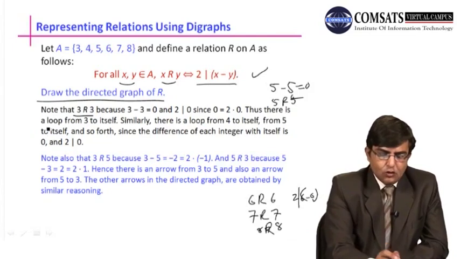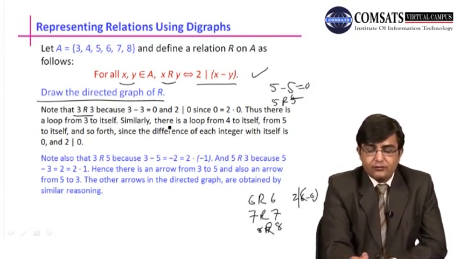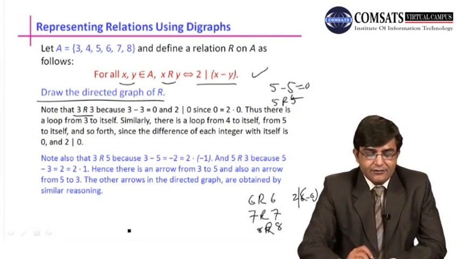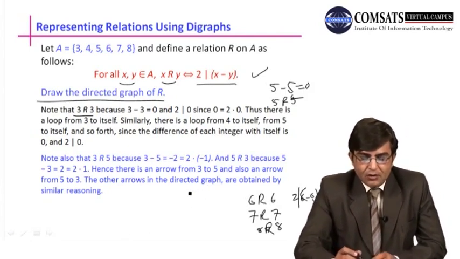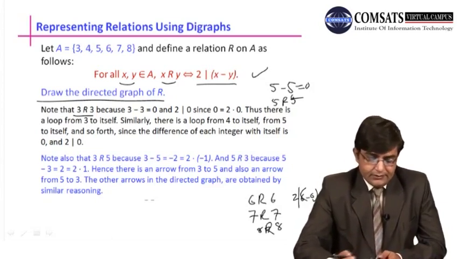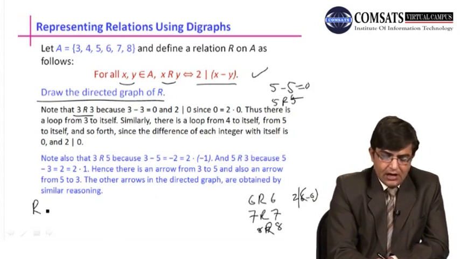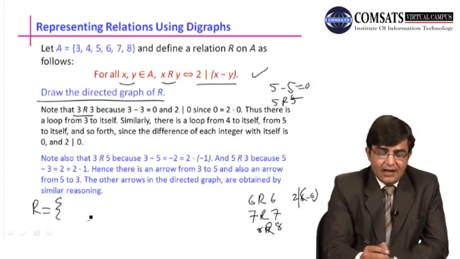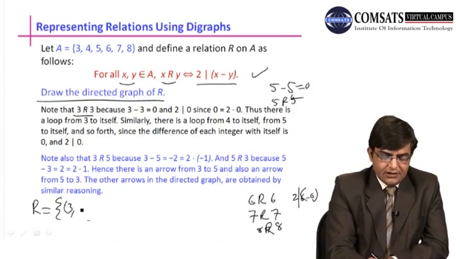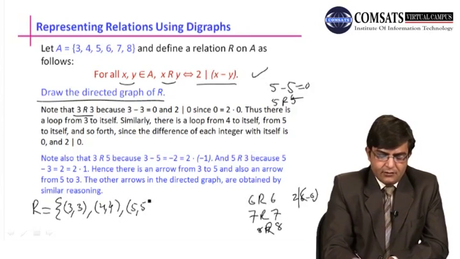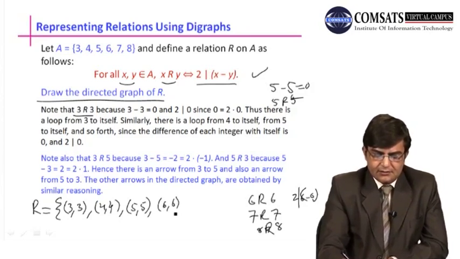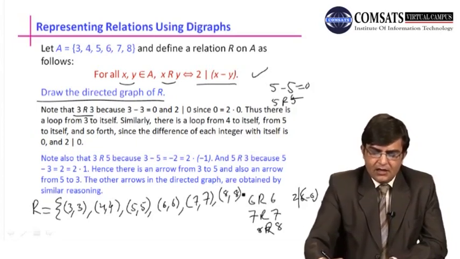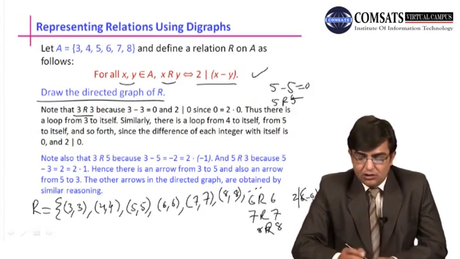Thus there is a loop from 3 to itself, 4 to itself, from 5 to itself, and so forth, because every element in A is related to itself. So if R is the relation, then the elements in the relation are, first of all, (3,3), (4,4), (5,5), (6,6), (7,7), (8,8), and there are other elements which we shall find.